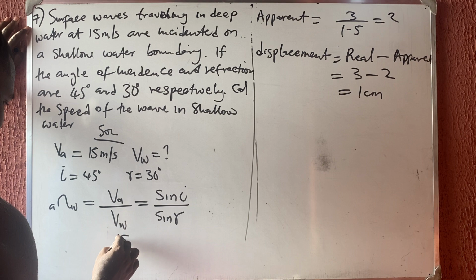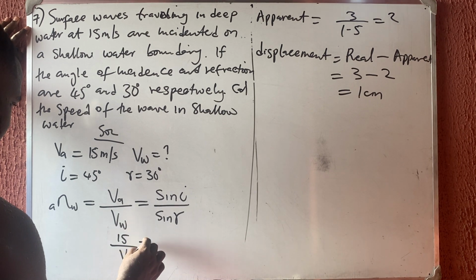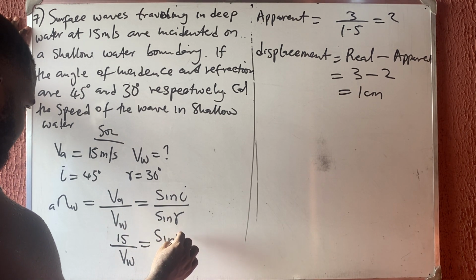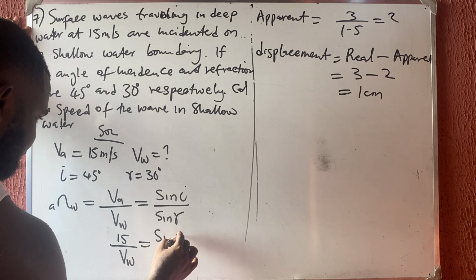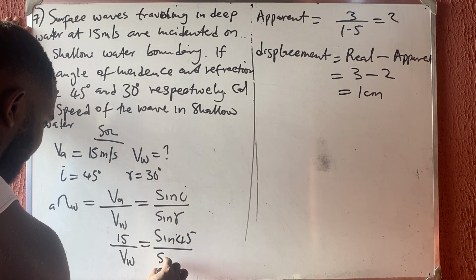So let me put everything here and cross multiply. I have my 15 over the velocity in water, equal to sine 45 over sine 30.